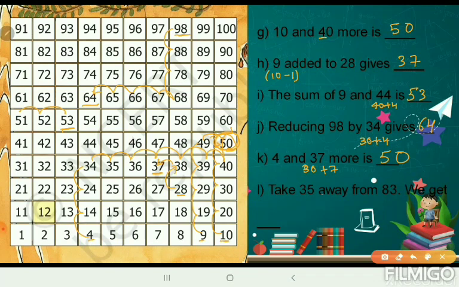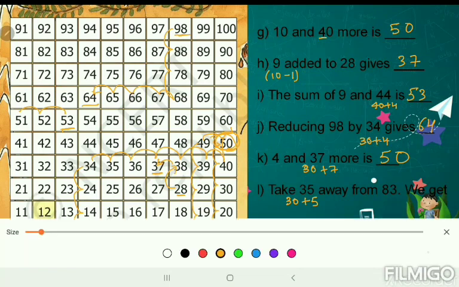Now last one, take 35 away from 83. We are taking away means we are subtracting. Now 35 means again 30 plus 5. So from 83, let me take another color. Okay.